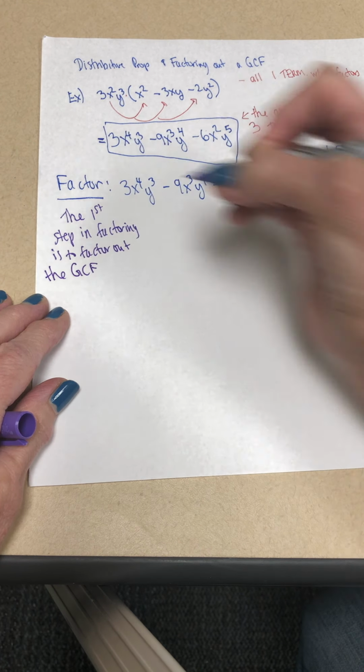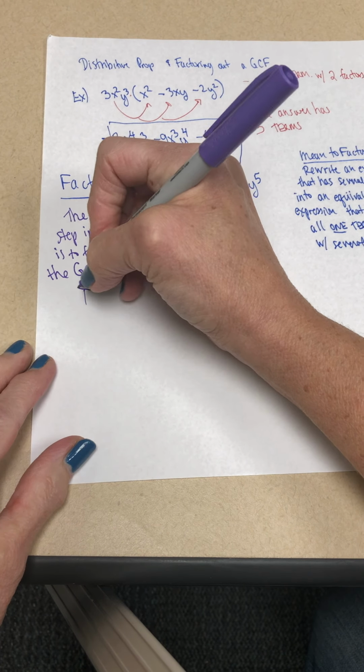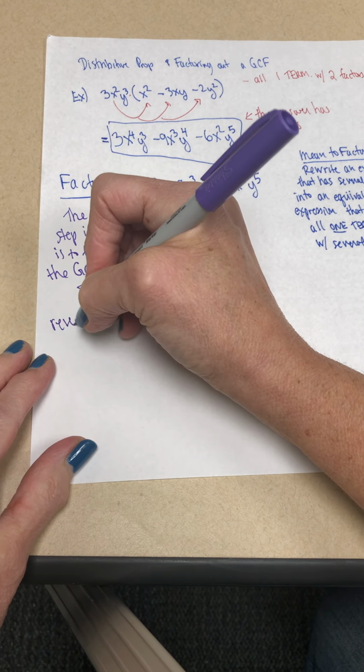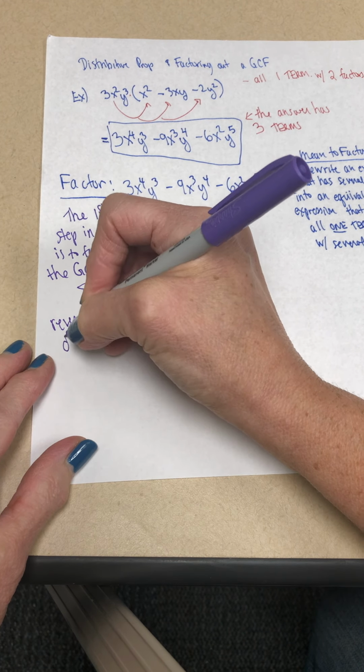Again, I'm too lazy to write that out. That's greatest common factor, okay? So, doing this, all this is, it reverses the distributive property.